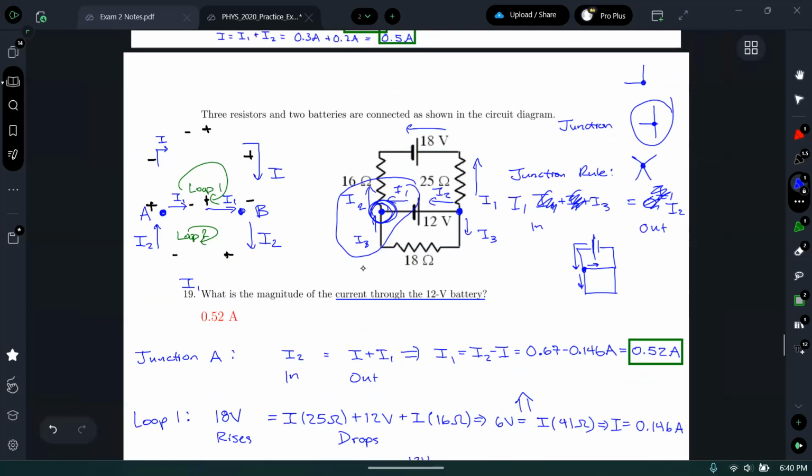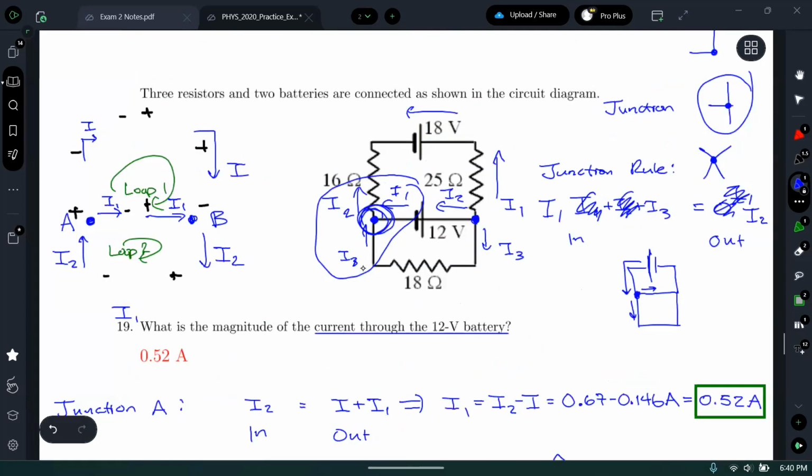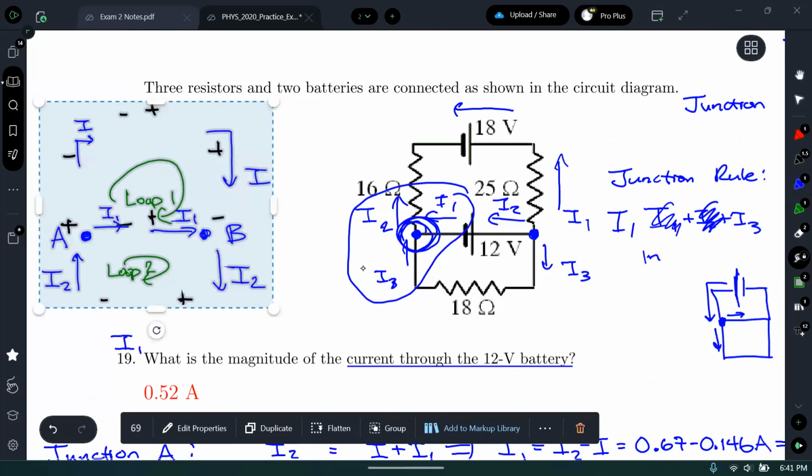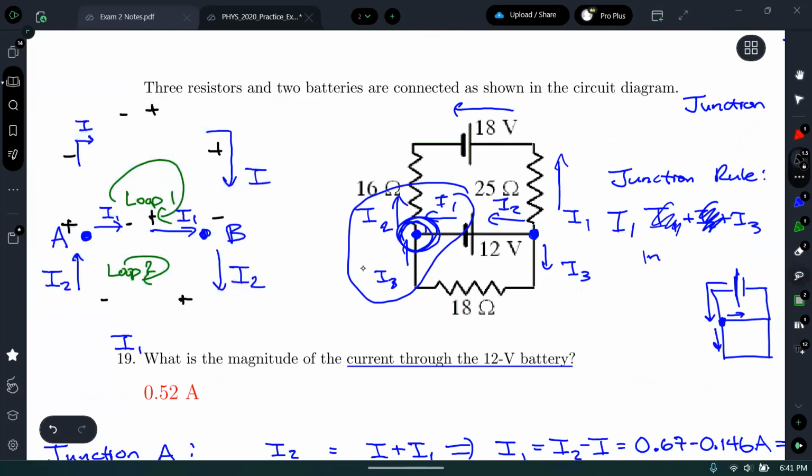So if you look over at the way I originally had it, this stuff over on the left-hand side, I've labeled positive and negative for the resistors, which aren't actually there anymore, but where the resistors were, based on which way I drew the currents. I had drawn this current going up through this branch, and that's why I called this positive and this negative.